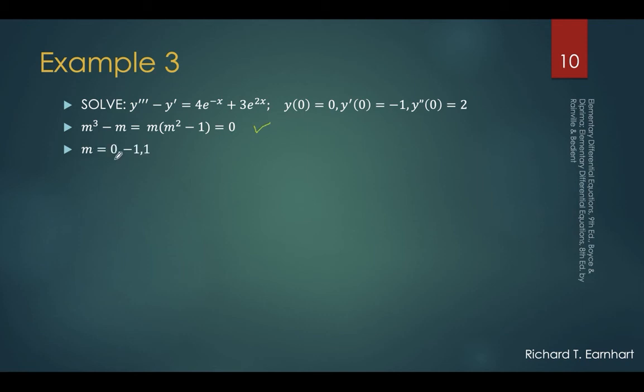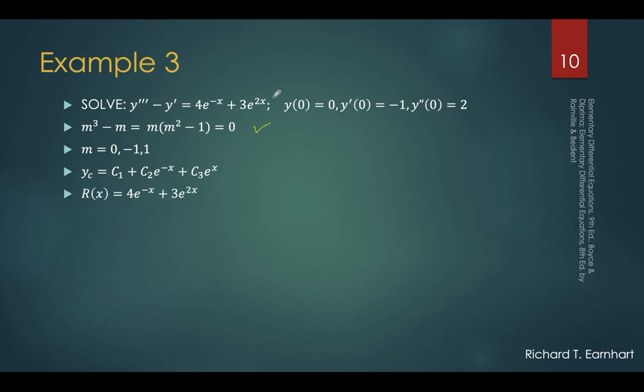For m, m squared minus 1, the square root of plus 1 will give you negative 1 and positive 1. So for the roots, you have C1 e to the negative x, and for 1, you have e to the x.